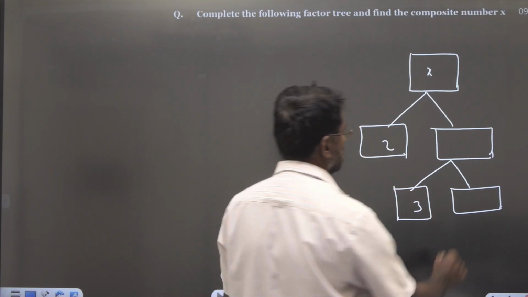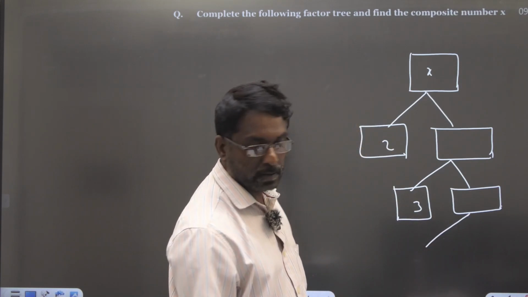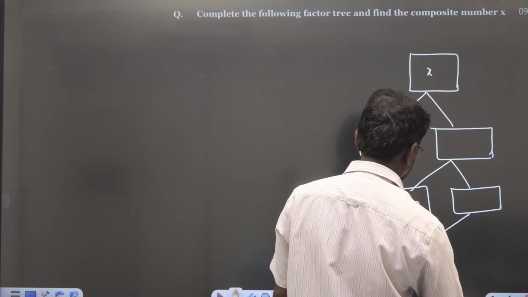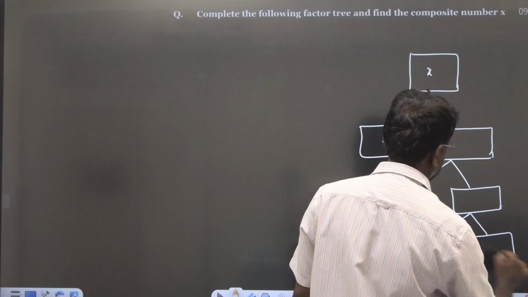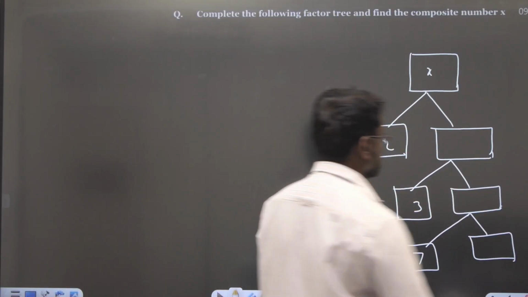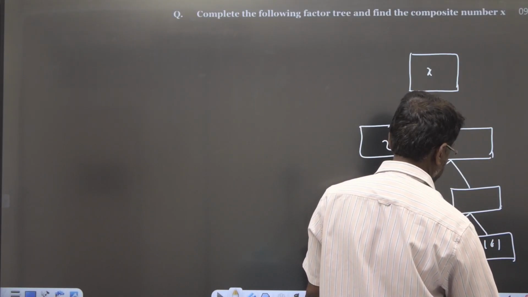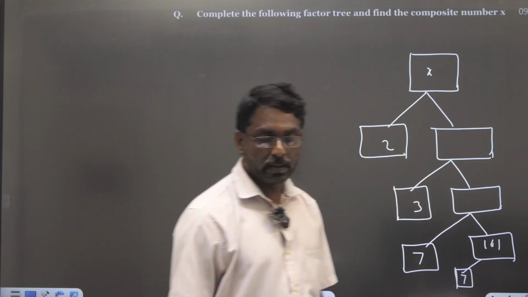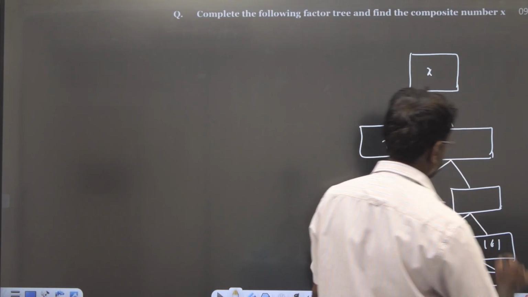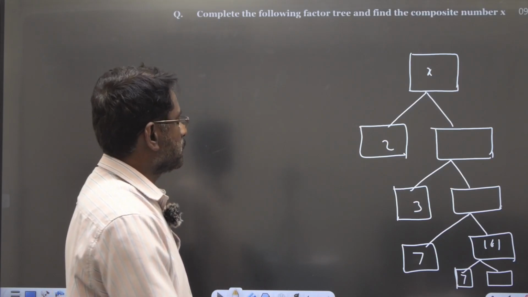Then this is 7 and this is 161. Again this is 7. This box is not given. We have to find x.